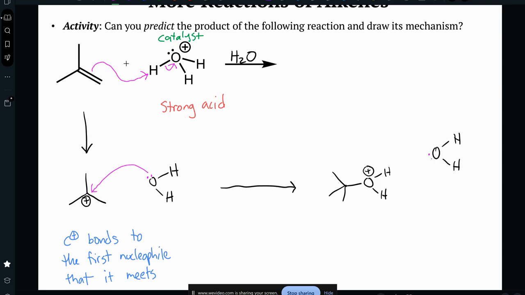And the way I'm going to do that is to come and deprotonate to make this product and regenerate my H3O plus.